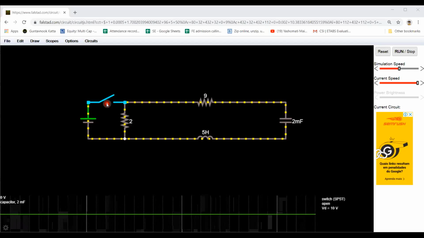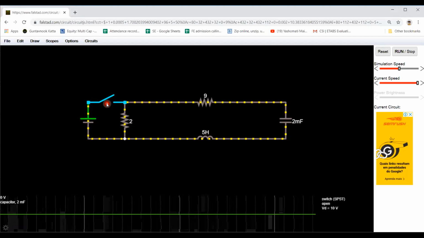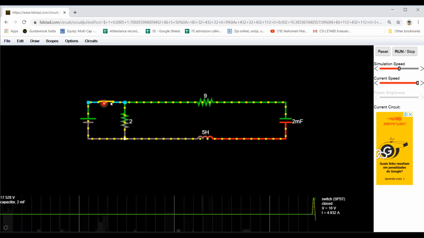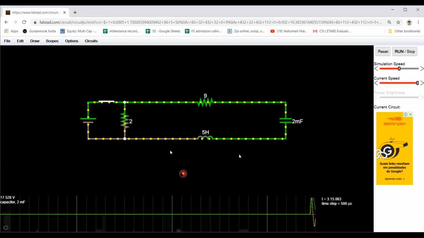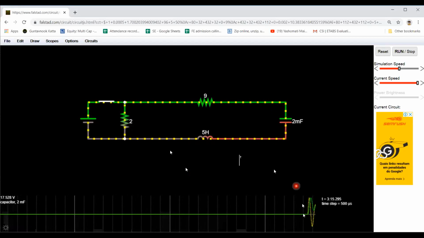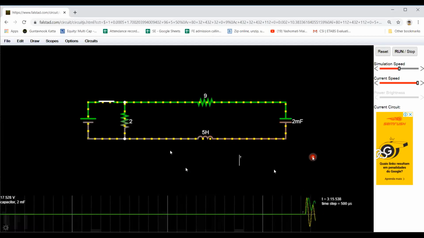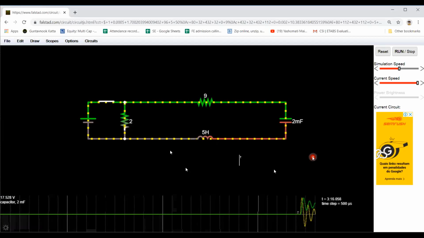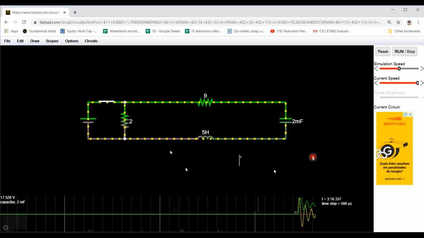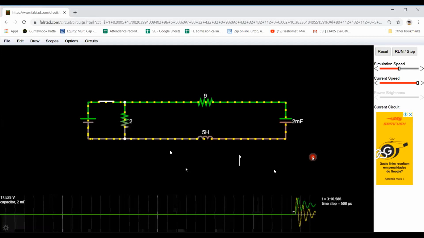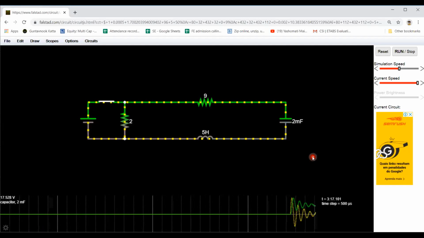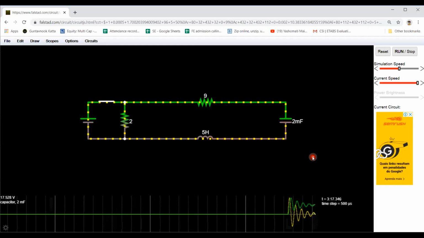Now let us observe it. I'll press this switch. As soon as this switch is pressed, current will flow in the circuit, and now you can observe on this oscilloscope that the green waveform is voltage and the yellow waveform is current.